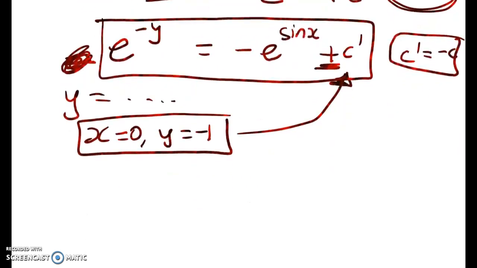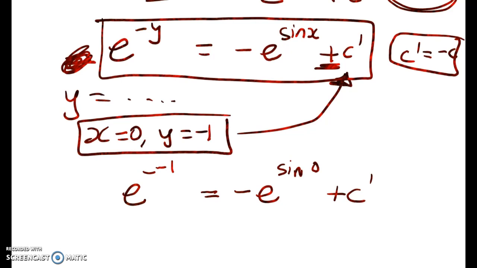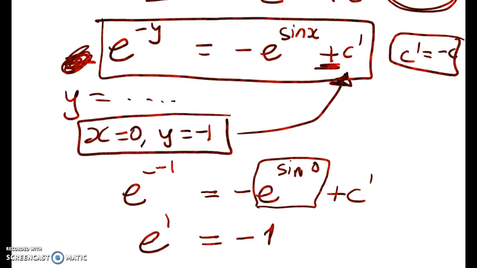So now substituting in x equals 0, we get e to the negative 1 is equal to negative e to the power of sine 0 plus c dash, giving me e to the power of 1 is equal to negative 1 because sine 0 is equal to 0.